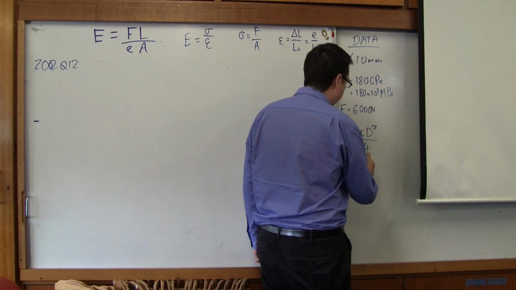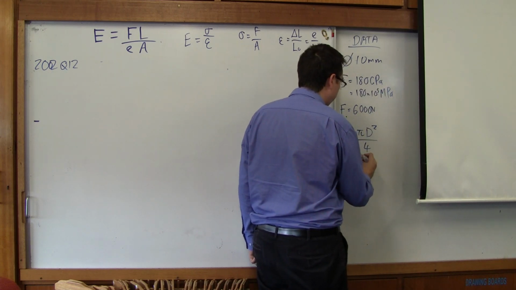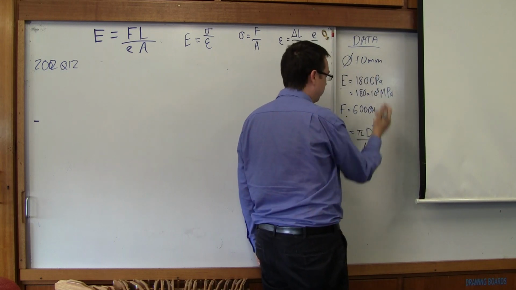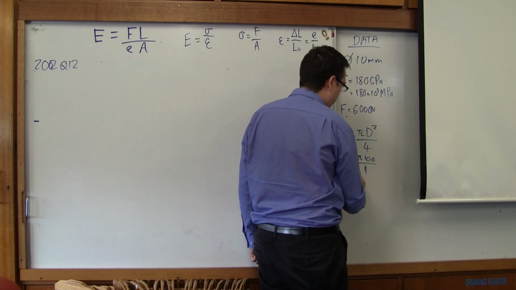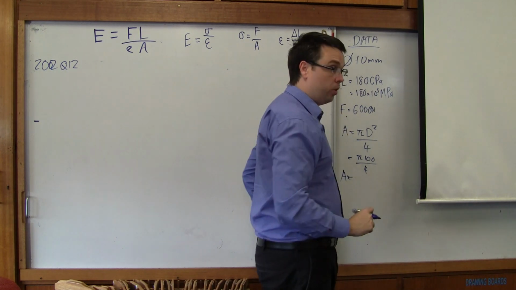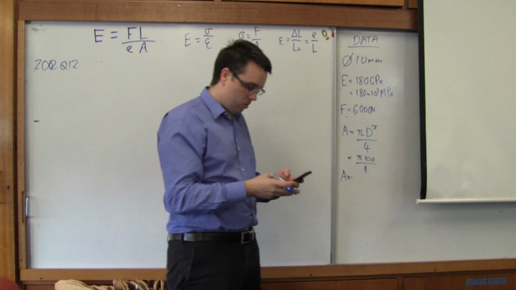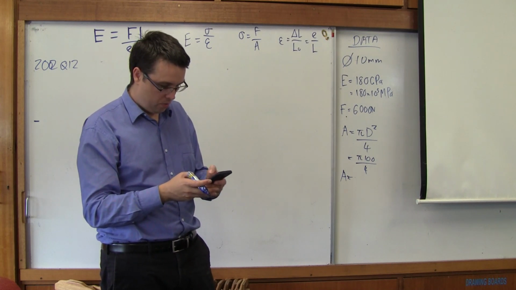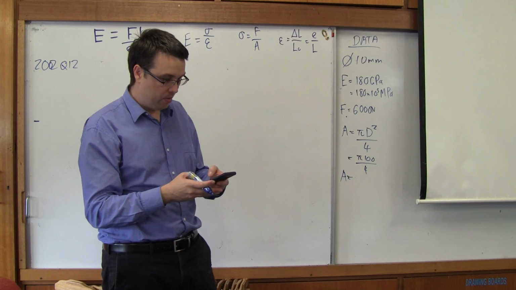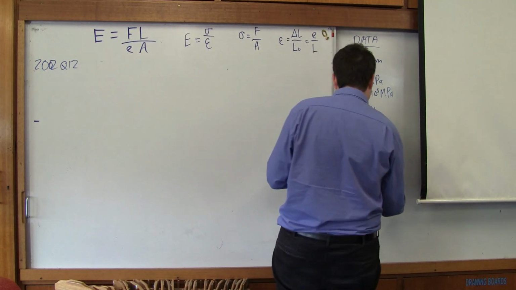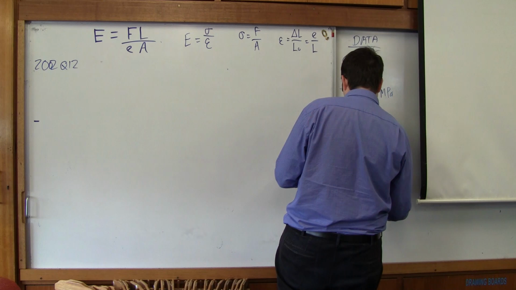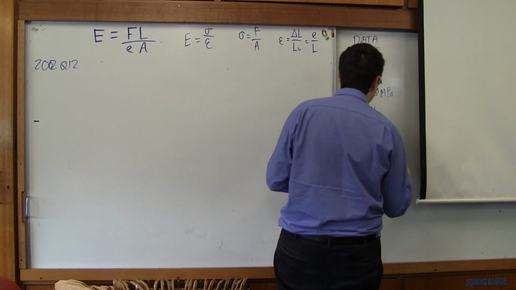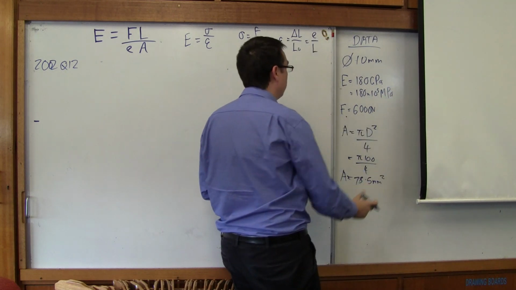So it's pi times 100, because 10 squared is 100, divided by 4. 100 pi divided by 4. Well, it's going to be 25 pi, right? Which is 78.5 millimeters squared. We go together like megapascals and millimeters squared.